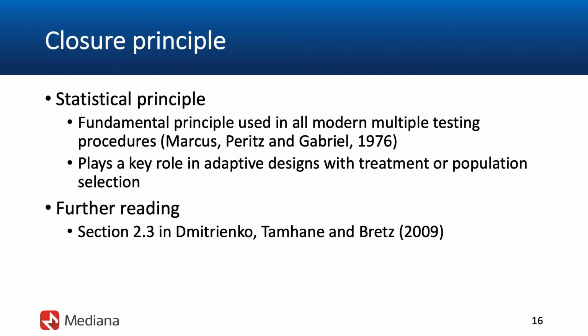But later on in this training program, in part 7 and 9, specifically, more complex trial designs will be considered. I'm going to present classes of adaptive designs with data-driven treatment selection, part 7, and then population selection in part 9.